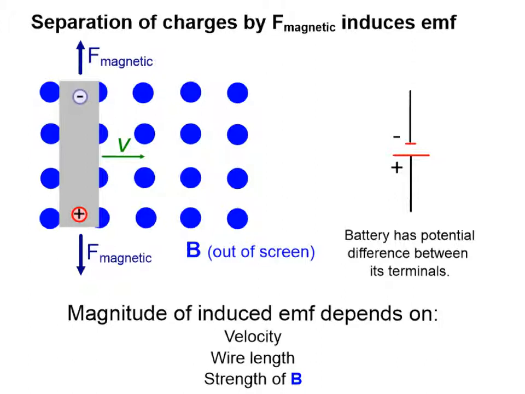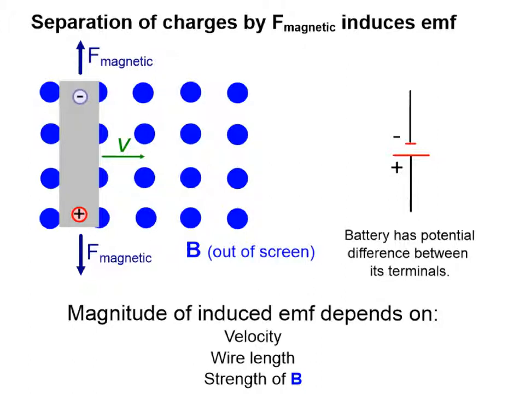Remember from our previous lessons that when we have positive charges moving with a velocity at an angle to the magnetic field, we can use our right-hand rule to determine what direction the force is acting on that positive charge.